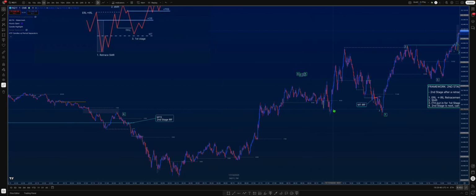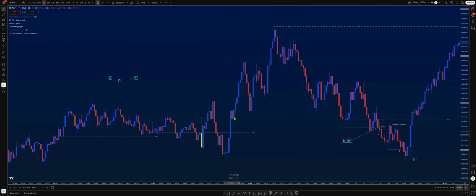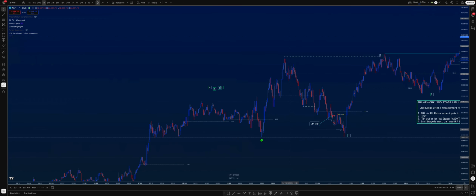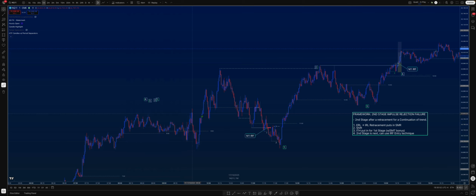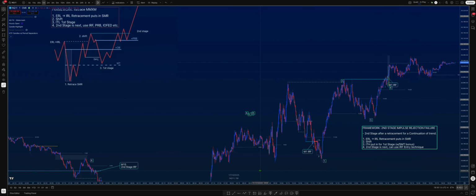Most people will be looking at, okay, well, this looks like an original consolidation, first stage, second stage, first stage, second stage, market maker model complete. Yes, that is a market maker model, but so is this original consolidation, first stage, second stage. So is this smart money reversal, first stage, second stage. There's just a lot of ways in which it does show up.